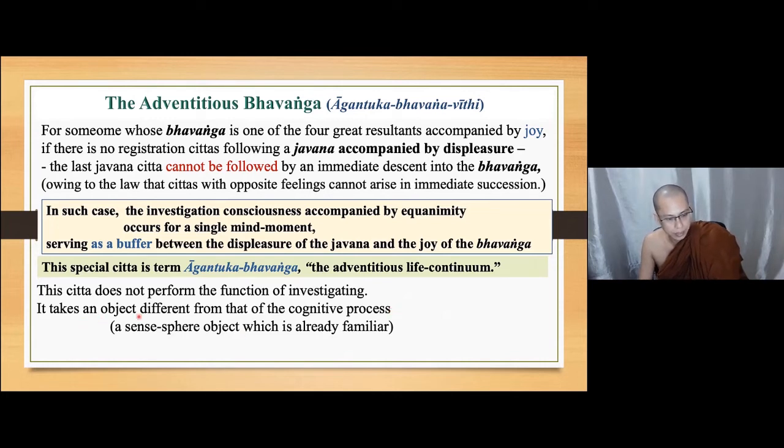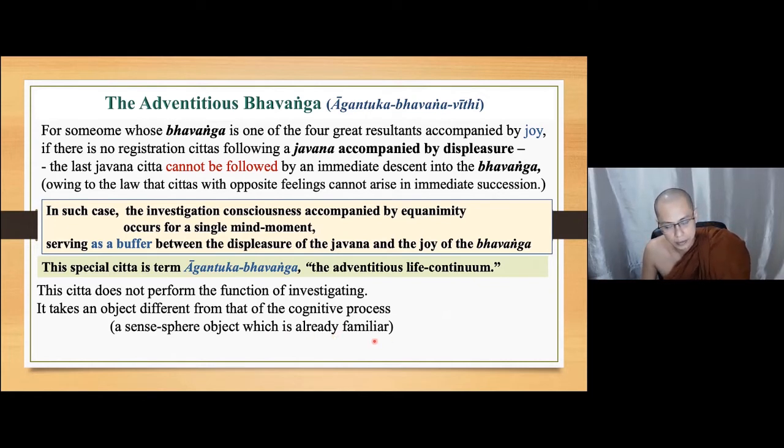So it takes an object different from that of the cognitive process. As I mentioned, normally the dharamana follows the Javana in the object. But in this case there is no dharamana, so it does not need to follow the Javana. That's why it takes a different object. But it must be a sense sphere object, already familiar.